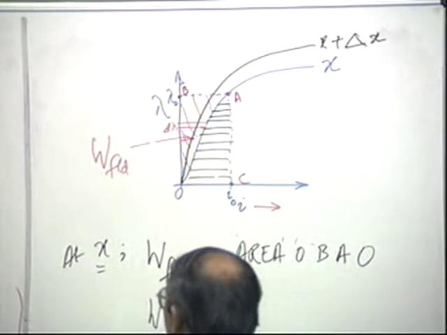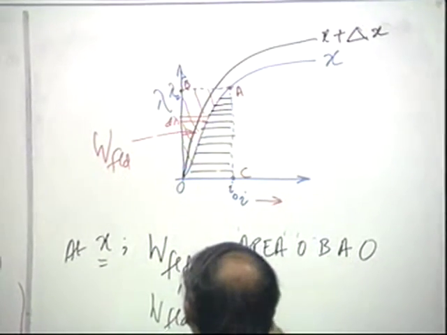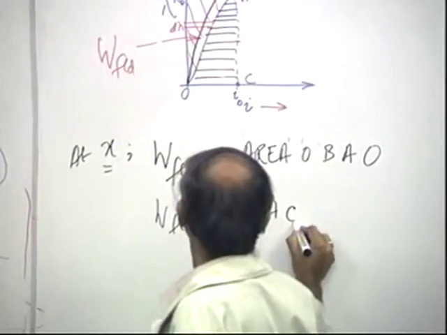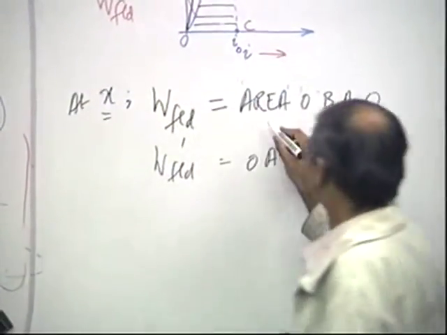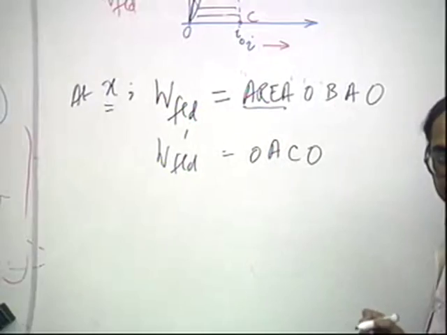Now W field dash was O A C O. These two areas.